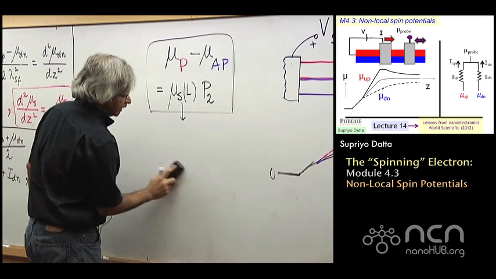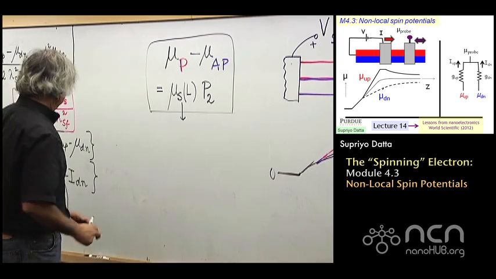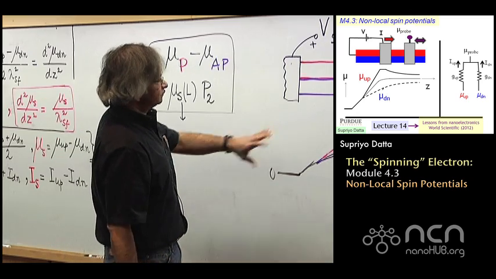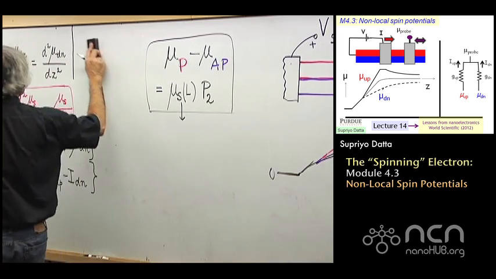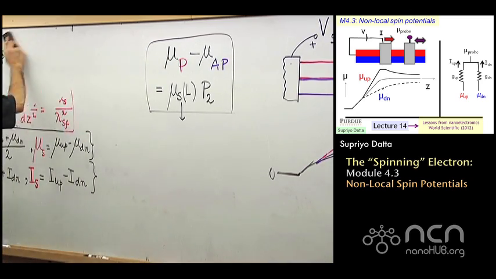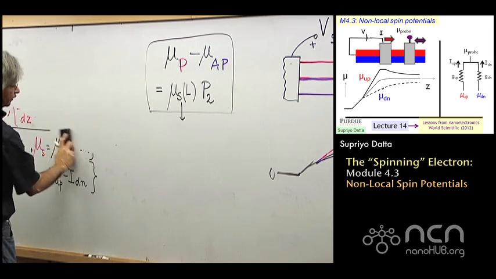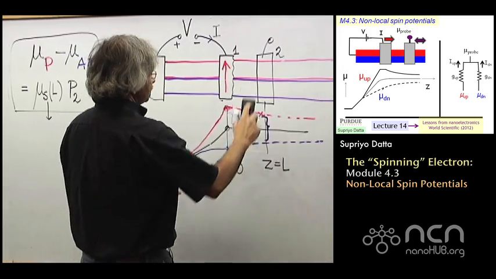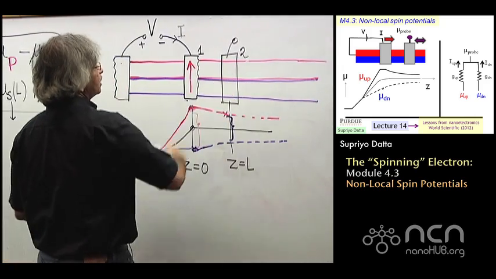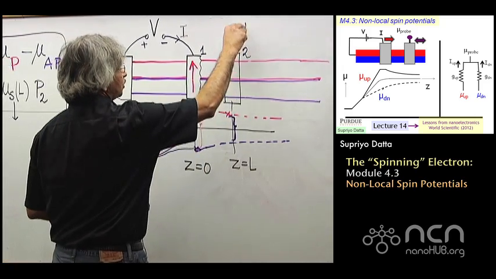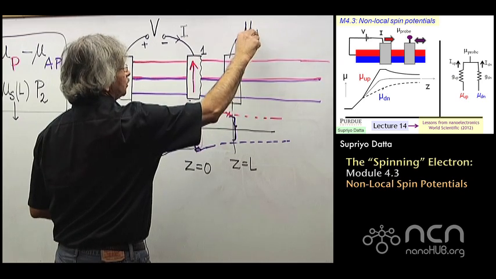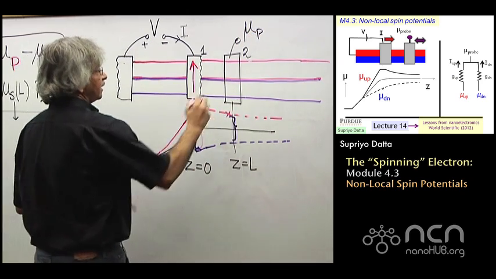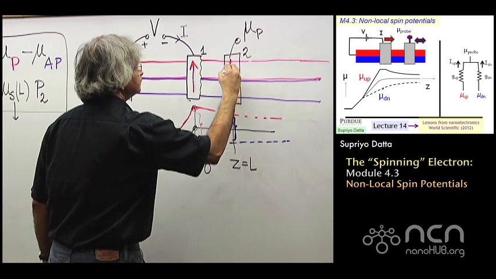Okay. Now the idea is something like this. If I'm trying to model what is the potential on this probe, and let us say this magnet happens to be parallel in the same direction.